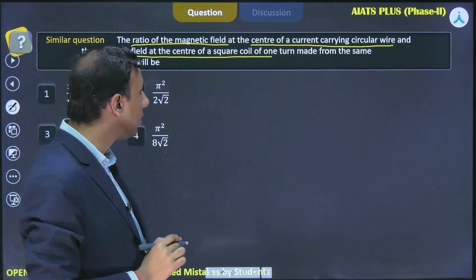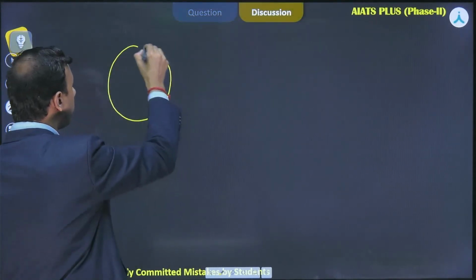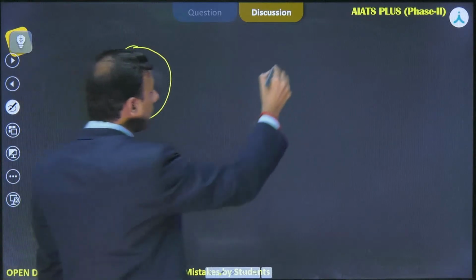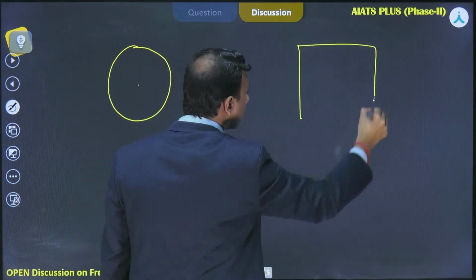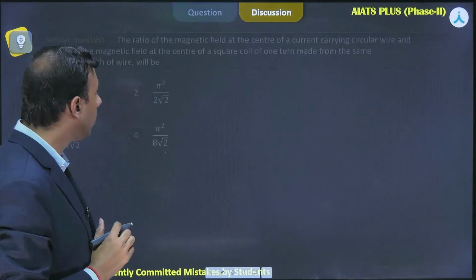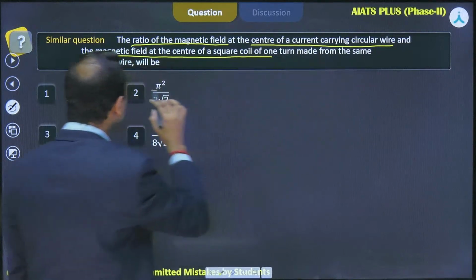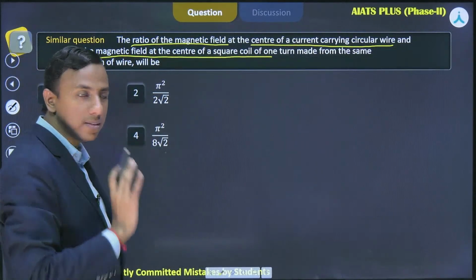So first one is your circular wire and second one is a square. They are carrying current I, I believe the same current, and they are saying it is made from the same length of wire. So the length is remaining the same.